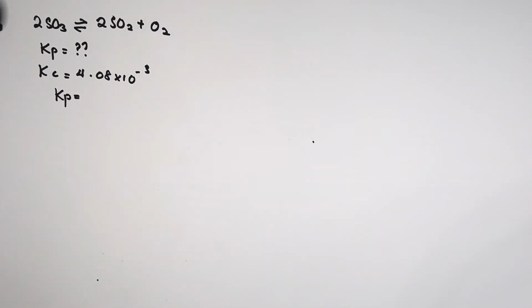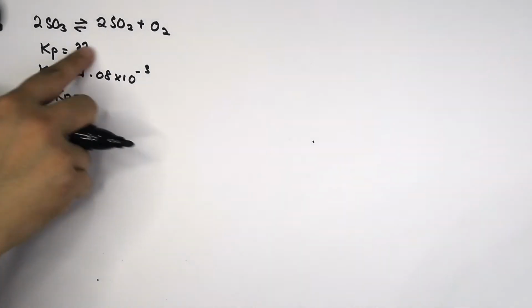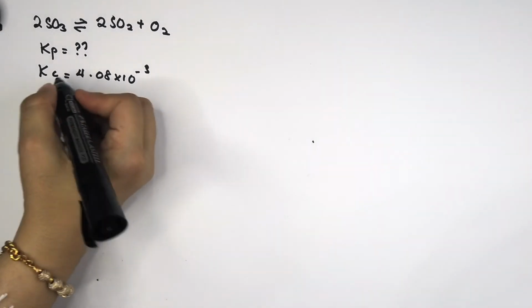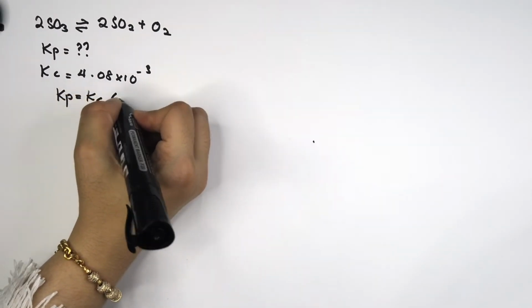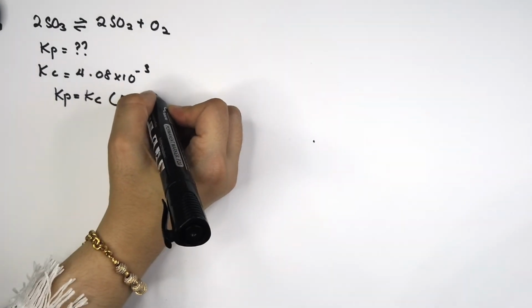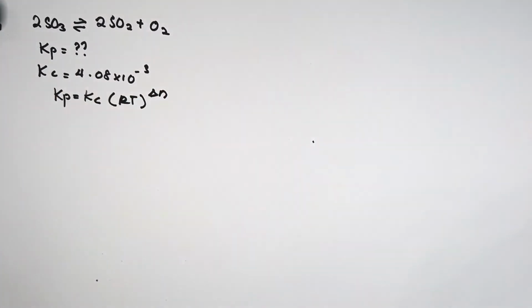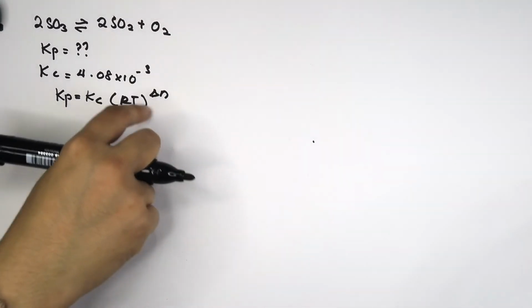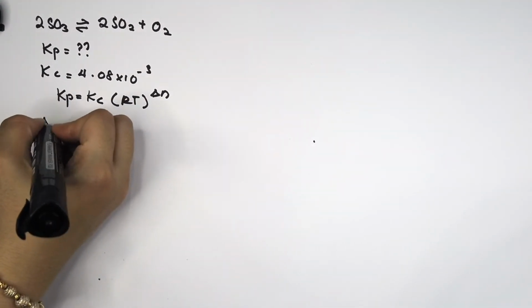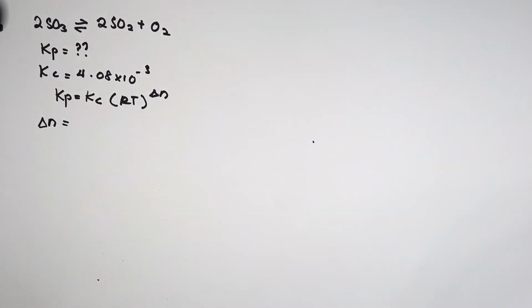When you want to find the Kp, you need to merge the Kp and Kc together. Then you will get the formula: Kp equivalent to Kc RT to the power of delta N. From here, what you need to calculate is the delta N. The delta N is whatever is in the product minus whatever is in the reactant.